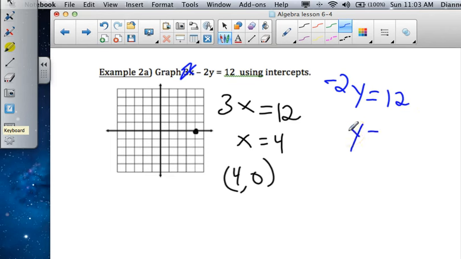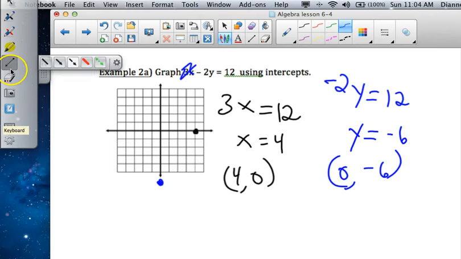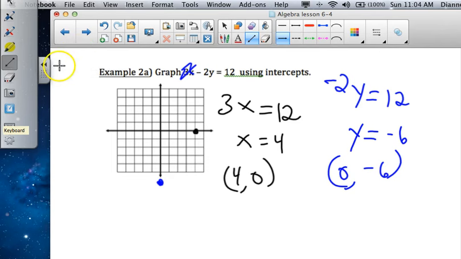So y would equal negative 6. So 0, negative 6 would be the y-intercept. Go down to 0, 1, 2, 3, 4, 5. I'm going to have to go down here. Right? That would be my y-intercept. And if I went to graph, connect these points, that would be my line.